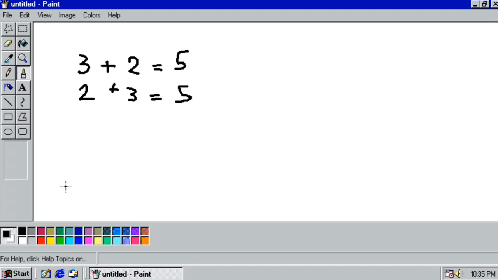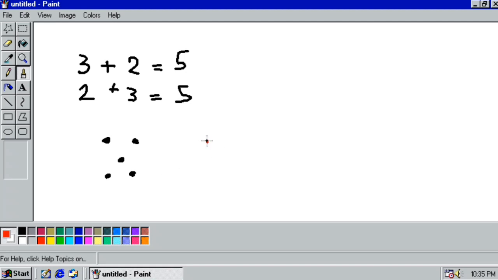So let's make 5 as dots. For example, we have 5 dots to represent the number 5. Let's separate these dots into 3 and 2.